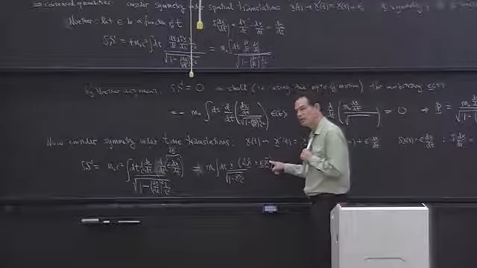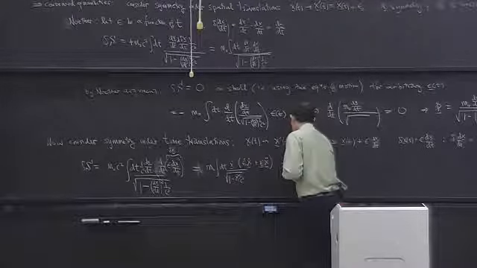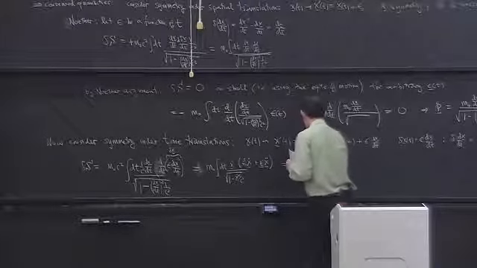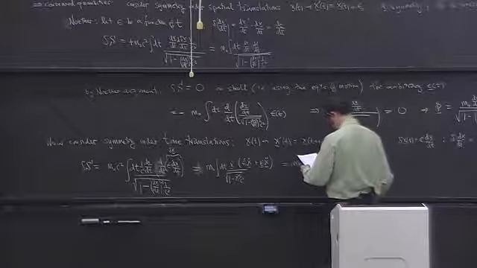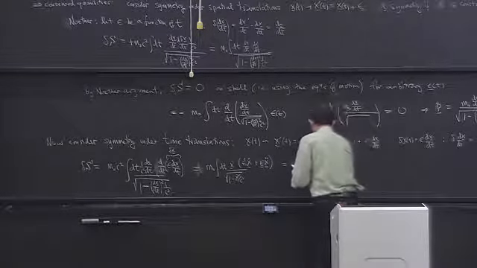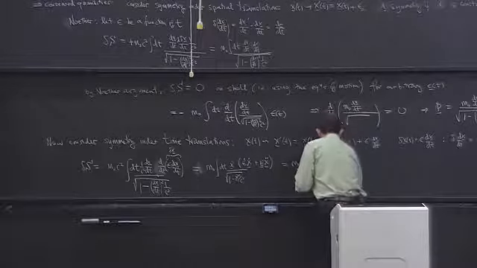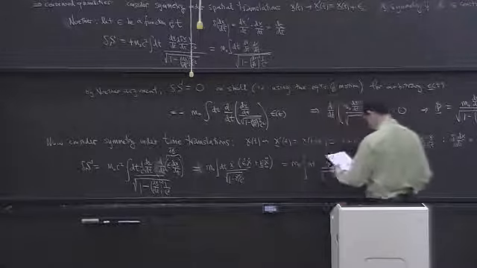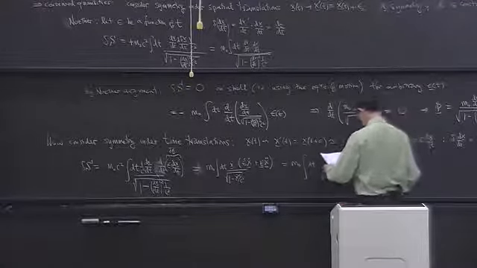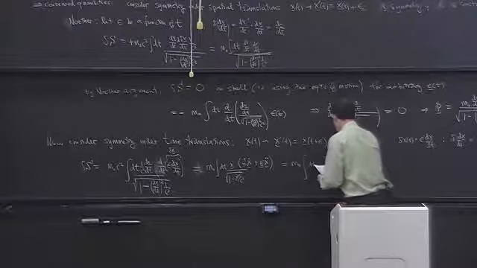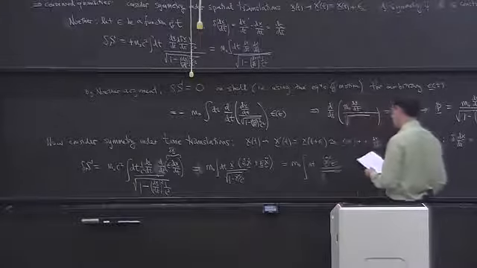It'll give me this x double dot. So this is equal to m naught integral dt x dot over the square root times, well, let's write it this way, x dot squared times epsilon dot over the square root.